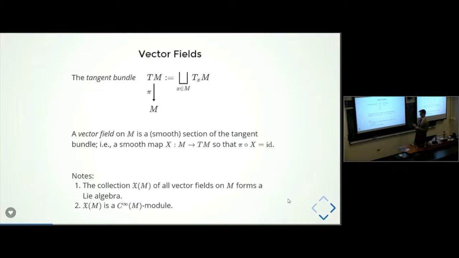Two comments for you algebra-oriented people: first of all, the collection of all vector fields on a manifold forms a Lie algebra. I will say more about that in just a second. You can think of this thing as a module over the algebra of smooth functions on the manifold.